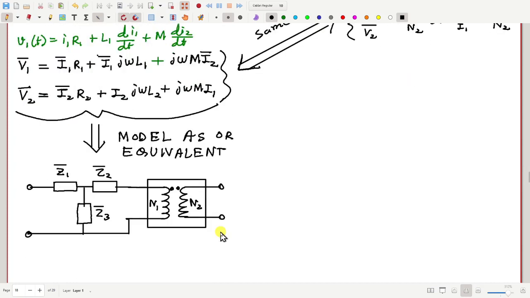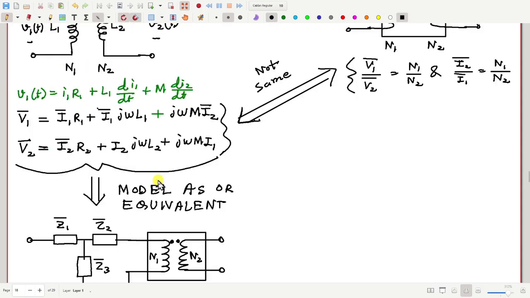Basically, my task at this point is to find the values of Z1, Z2 and Z3 such that these two circuits are equivalent.